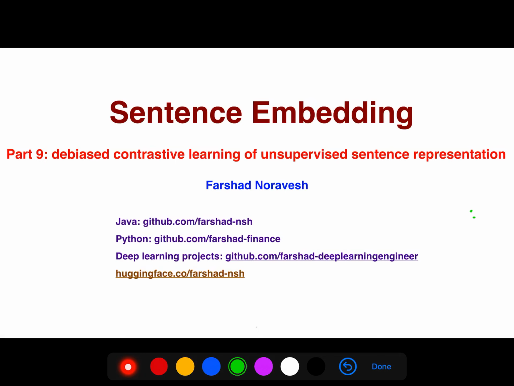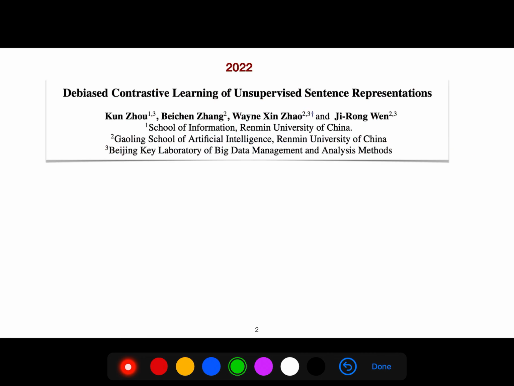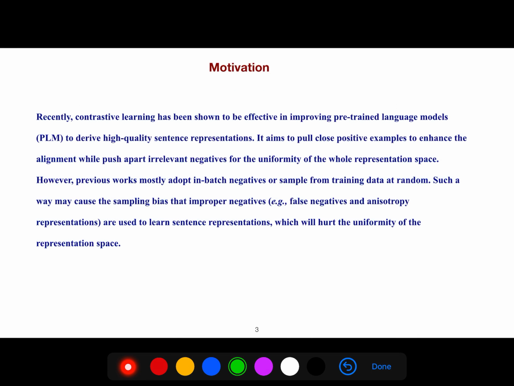I'll be explaining another important approach for contrastive learning of unsupervised sentence representation. Contrastive learning has been shown to be effective in improving pre-trained language models to derive high-quality sentence representation.